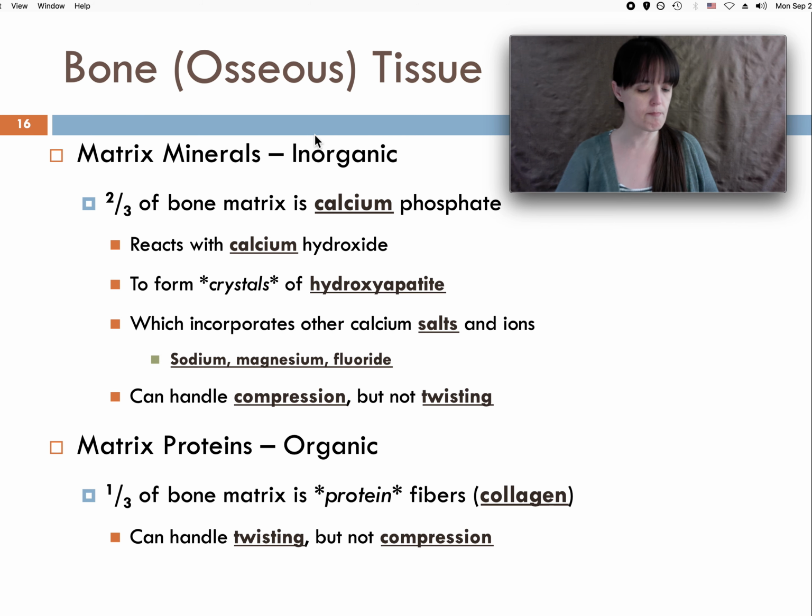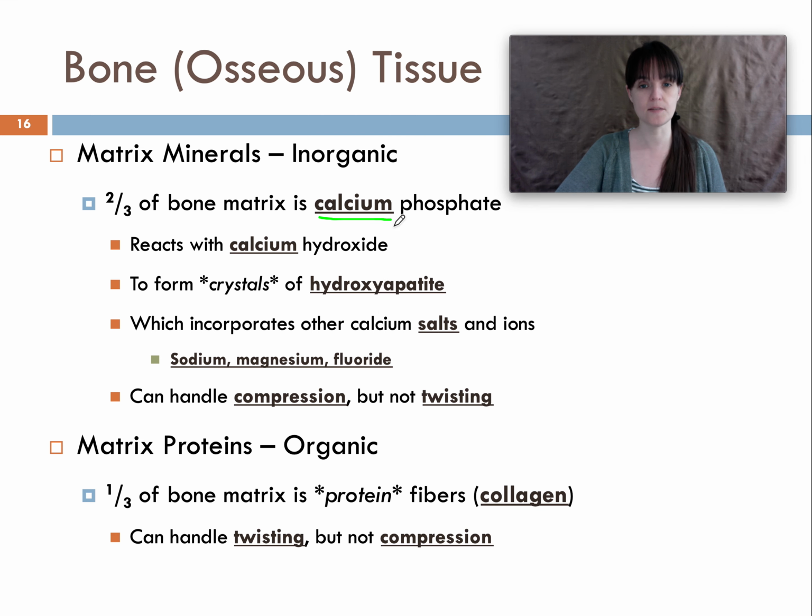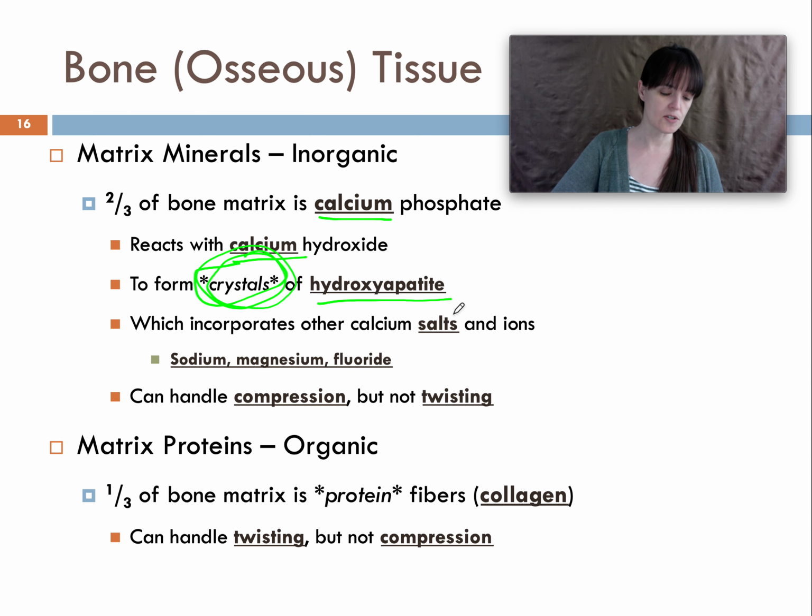The bone matrix is about two-thirds, fill in the blank here, calcium phosphate, which reacts with calcium hydroxide to form inorganic crystals of hydroxyapatite, which does not fit on the line, I apologize. Also incorporated are calcium salts and other ions, such as sodium, magnesium, and fluoride.